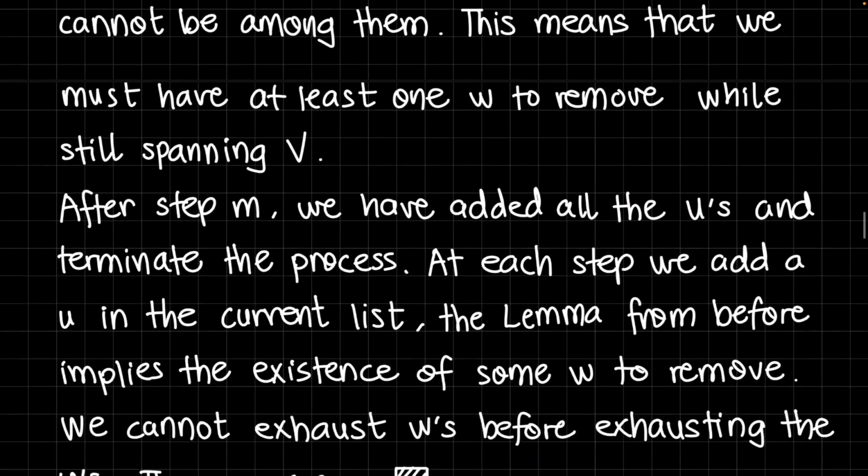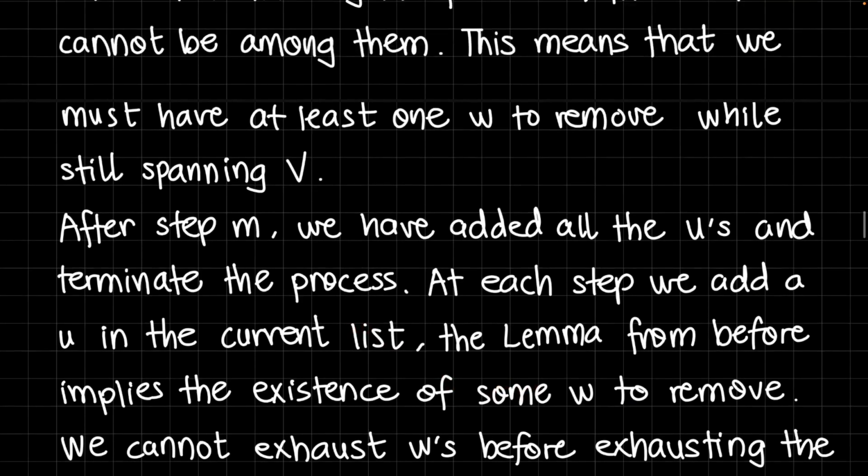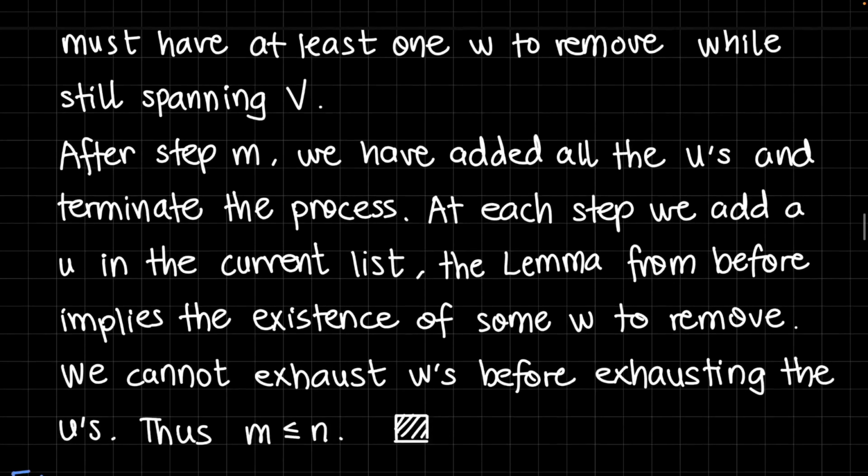Note that at each step we added a u to the list that we obtained from the previous step. The lemma from before implied the existence of some w that we could remove at any given step. Otherwise, we would violate linear dependence and the spanning property, as discussed before.